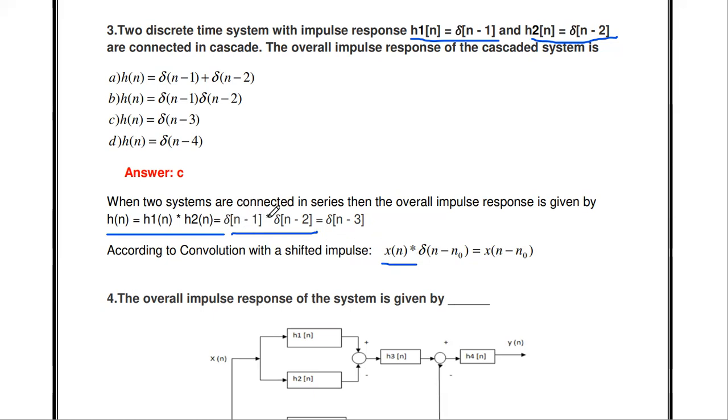Then x of n convolved with del of n minus 2 gives x of n shifted by 2, so del of n minus 1 minus 2, which is del of n minus 3. So the answer is h of n equal to del of n minus 3. This is the correct answer.